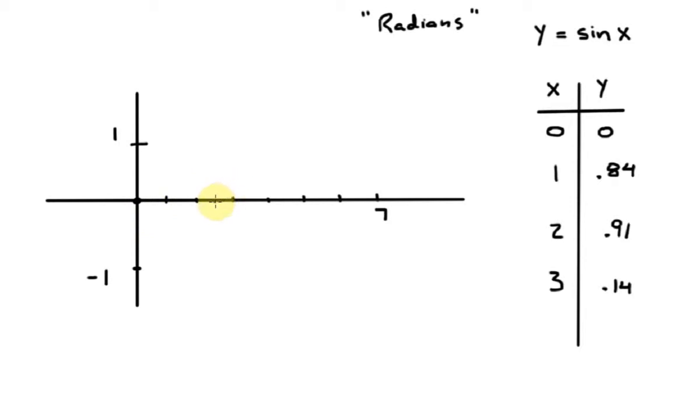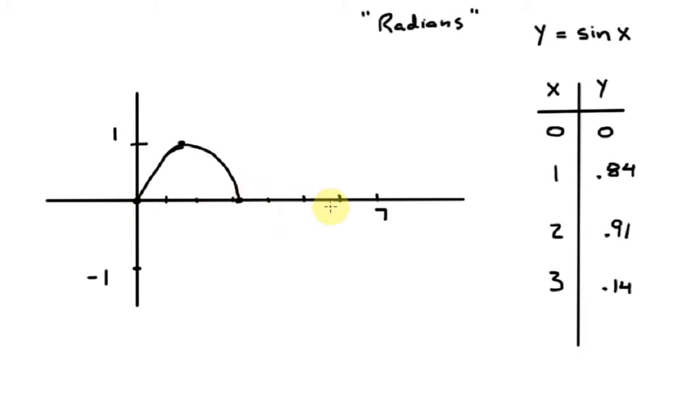At roughly 1.5 is where we think it reaches its maximum, and then just beyond 3 is where it returns to 0. So we get this curved shape like this. Whoops, that wasn't too good. Let's try that again. Okay, something like that.